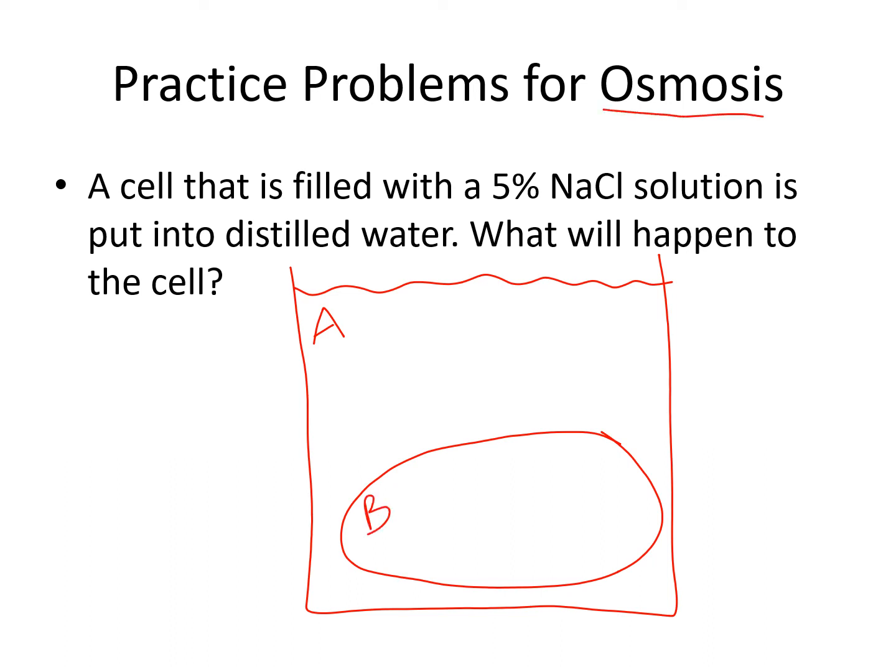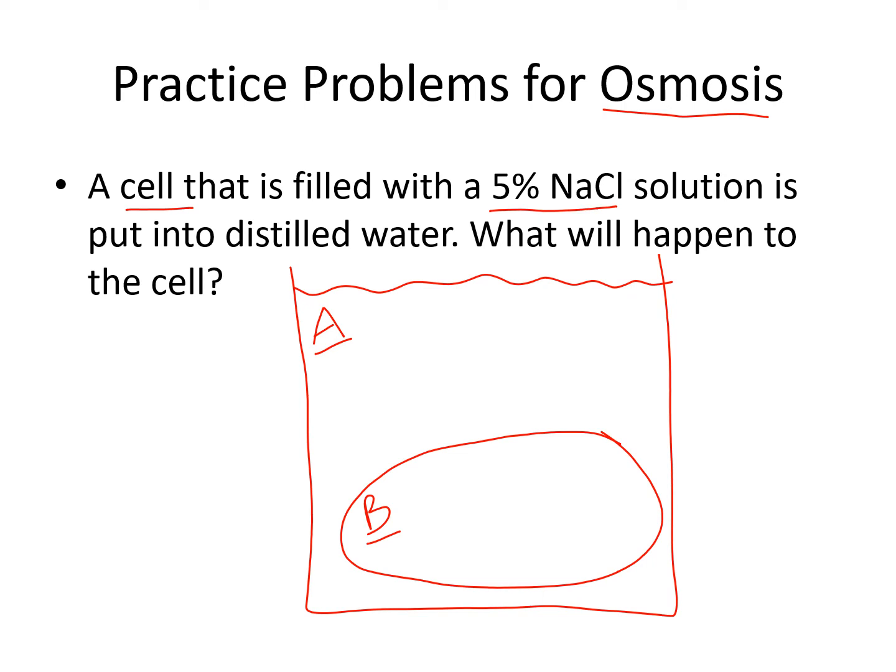So this is an osmosis problem, so you are comparing solution A and solution B to figure out the direction of osmosis. So for this, you need to figure out first the percentages of solute and solvent for each solution. So often in the problem, it will give you information. The cell is filled with a 5% sodium chloride solution.